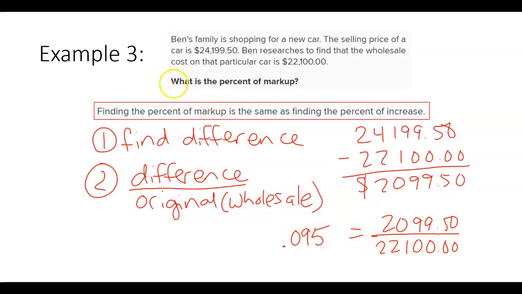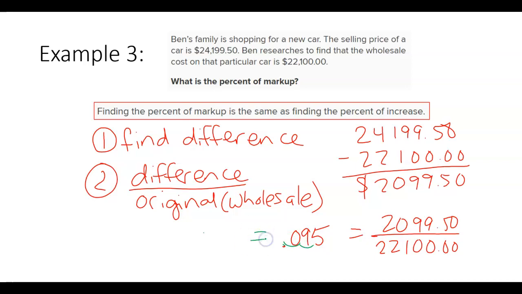But we want a percent. So remember that to change a percent to a decimal, we've done that already. Now we are going to change decimal to percent. So now we're going to go the opposite way. We're going to take this decimal and move it two places to the right to change it to a percent.